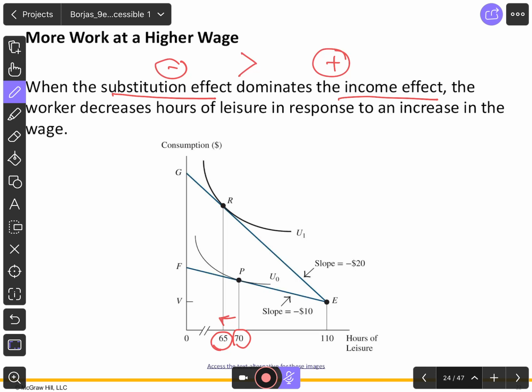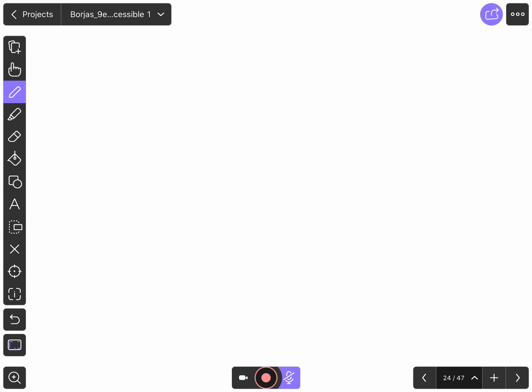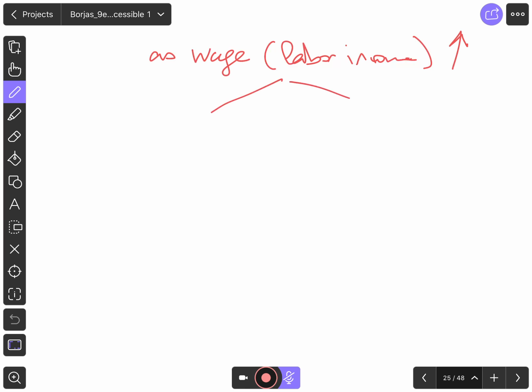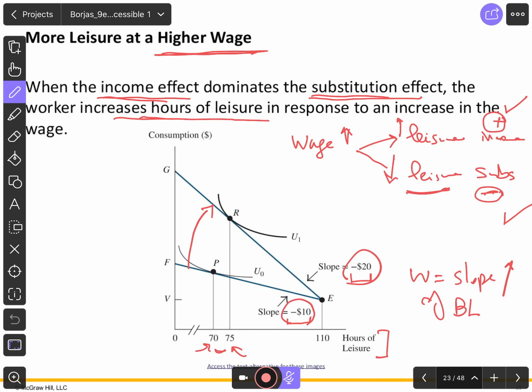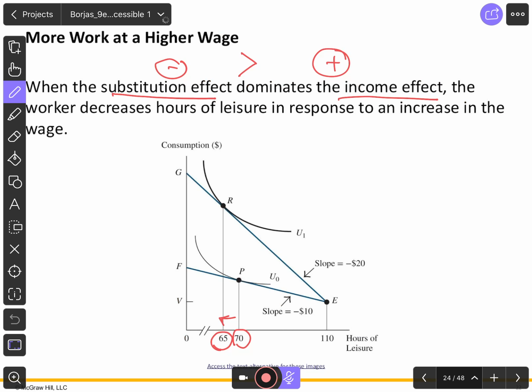Let me show you a kind of summary. As wage, which we call labor income, increases, we have two possibilities. You are moving from point P to point R, with an increase in leisure, or from P to R with a decrease in leisure.